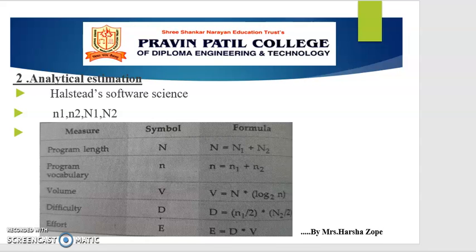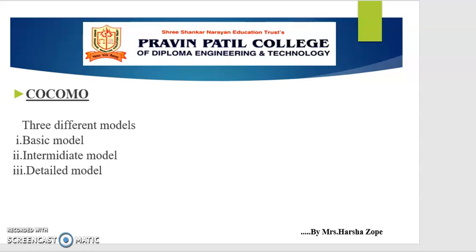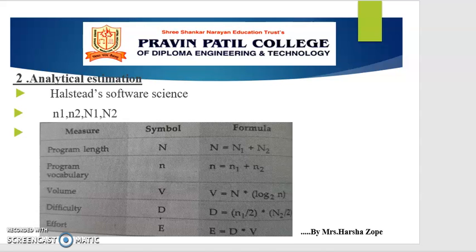Halstead uses measures such as program length, program vocabulary, volume, difficulty, and effort for a particular algorithm. Halstead is trying to show that the program length can be calculated and the volume of the algorithm can be estimated. The table shows how these measures can be obtained.